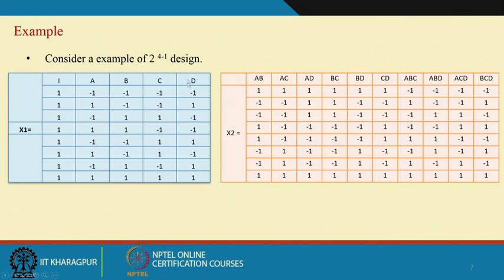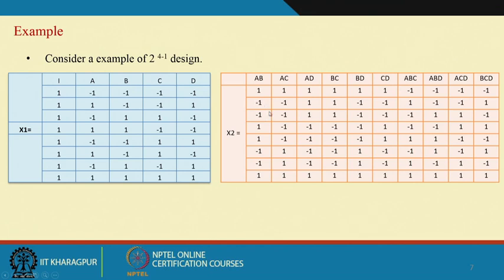If you do not know, you can use the minus and plus signs in some way, and ultimately you will get the alias structure using the regression equation. That may not be the good one, but if you choose D effectively, you will get the best one. Now, suppose we are considering that only the main effects are of interest, and the other terms we are keeping under x 2.